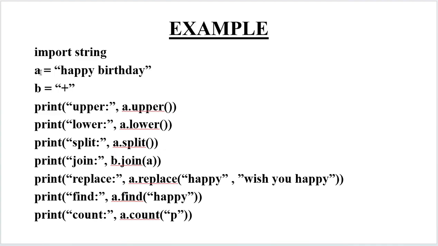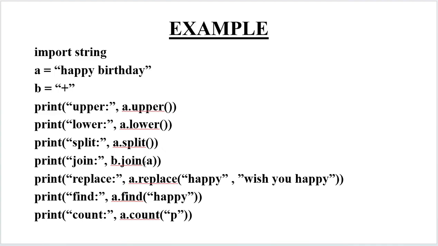The a variable is happy birthday, and the b variable is going to store the plus. A dot upper means it will be printed in uppercase letters. A dot lower means the given string will be printed in lowercase letters. A dot split means the given string will be split into substrings, displayed as individual words here.